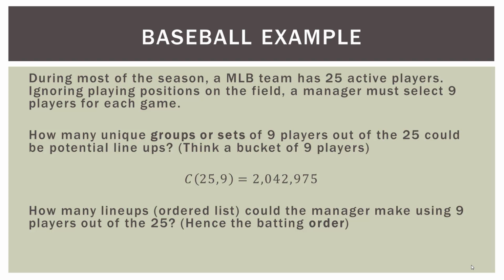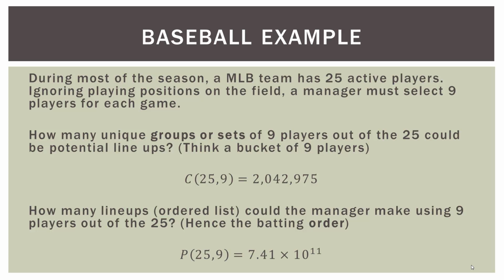For the third slot, I would have 7. All the way down the batting order. So you can see why permutations are much more numerous than combinations when dealing with problems like this. For every combination above, there are many ordered lists that can be made out of one combination from the above question.